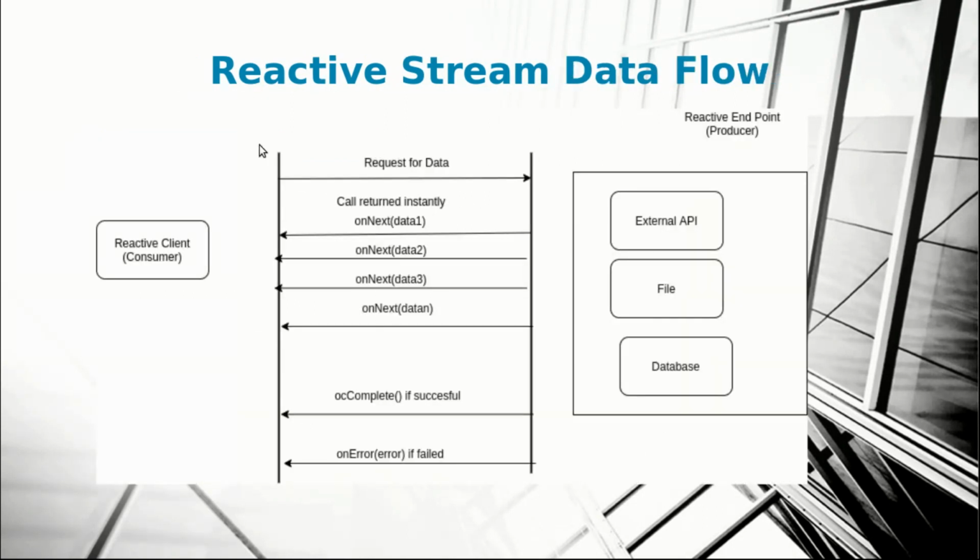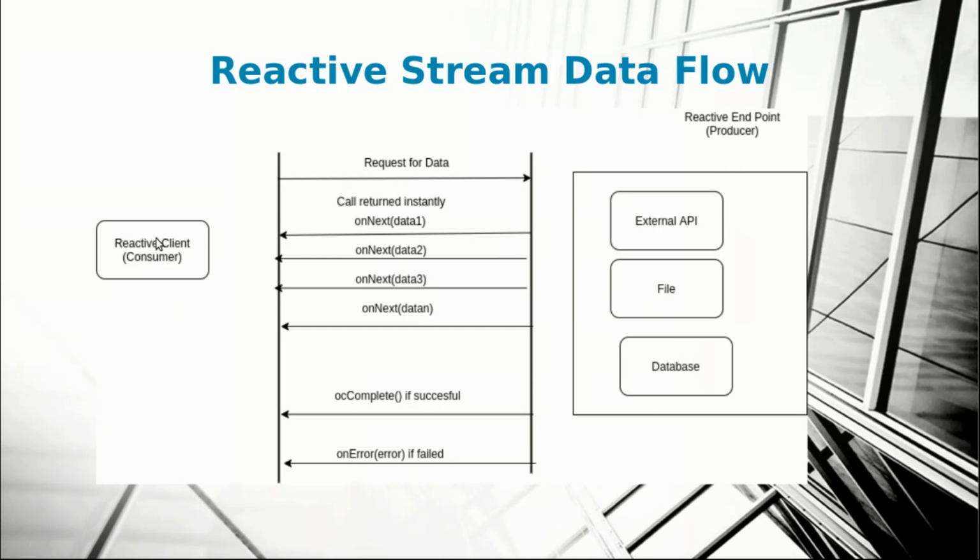Now, in the reactive stream environment, this is how the data flow happens. You have the reactive client, the consumer, and then you have the producer. This producer can be an external API, a file, a database, or a REST API, whatever.